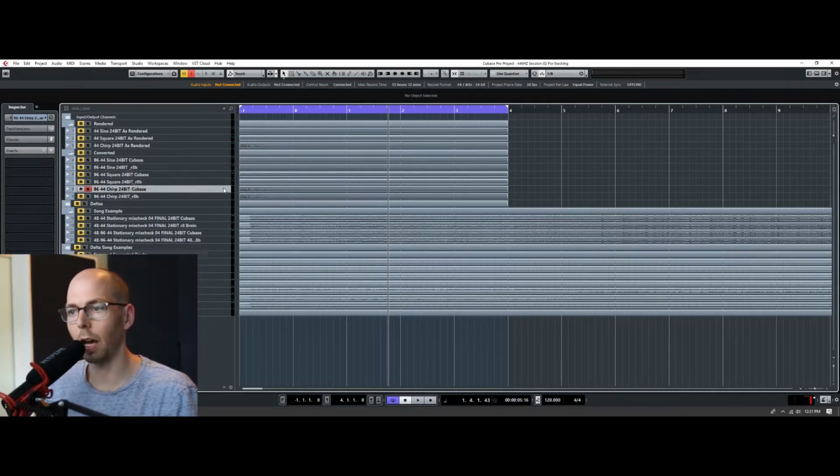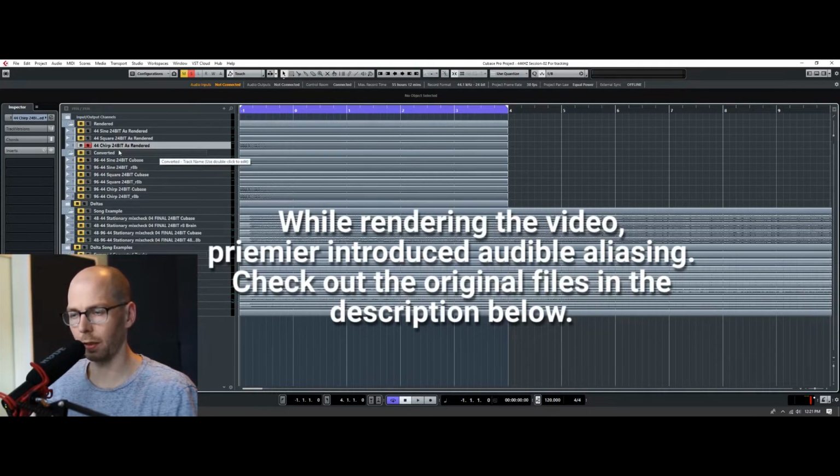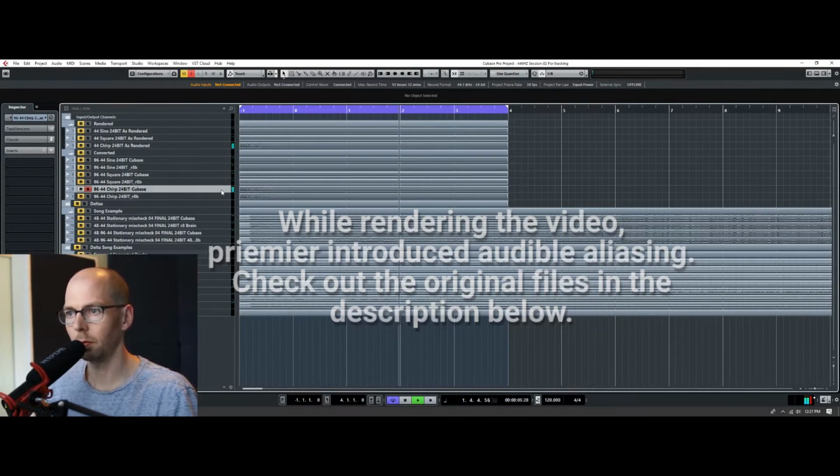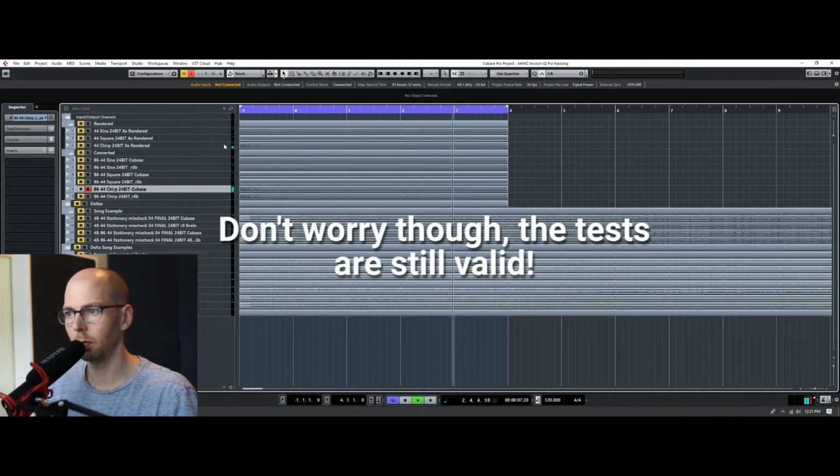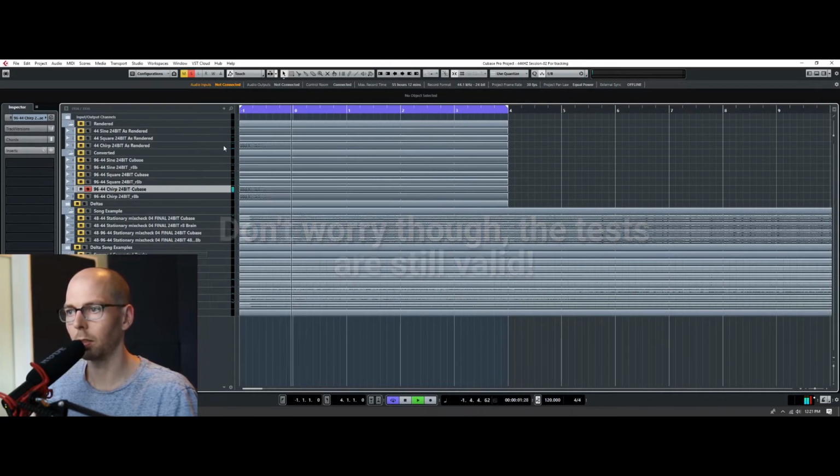Next up is that sweep. I'll just go back and forth between the sweep. We'll start with the perfectly rendered sweep, and then we'll go to the Cubase downsampled sweep. Okay, switching to Cubase. Back to the rendered original.